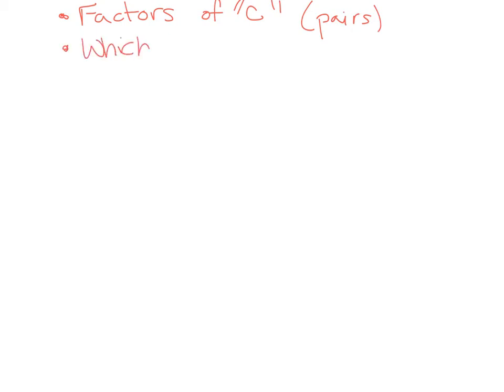Here's our strategy: find factors of C, in pairs, and then ask ourselves which of those add up to B.